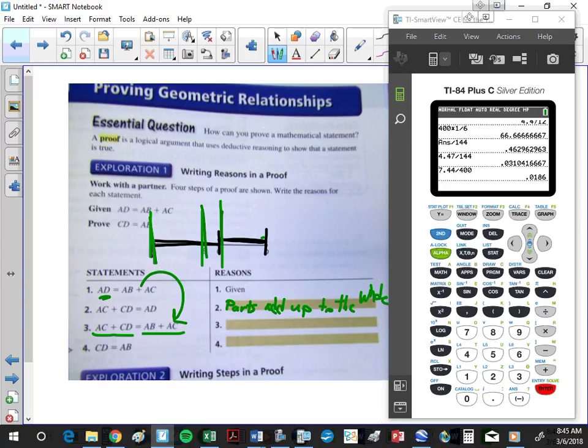Well, I just substituted. So where the AD used to be, I put this in its place. So basically I'm saying AD is equal to AB plus AC. But instead of using AD, I used the given. And that's just called substitution. So I stuck this in there. And the reason is substitution.